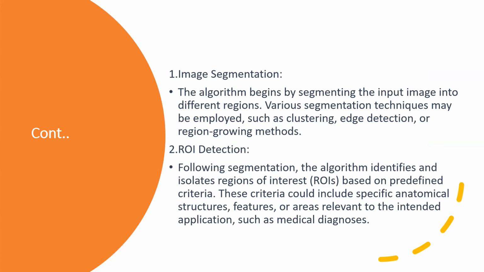And for the brain, which I have shown before, the part which is very valuable in the brain is stored as the region of interest for the algorithm. So based on the predefined criteria, the algorithm is going to identify the region of interest. These criteria could include specific analytical structures, features, or areas relevant to the intended application, such as medical diagnosis.